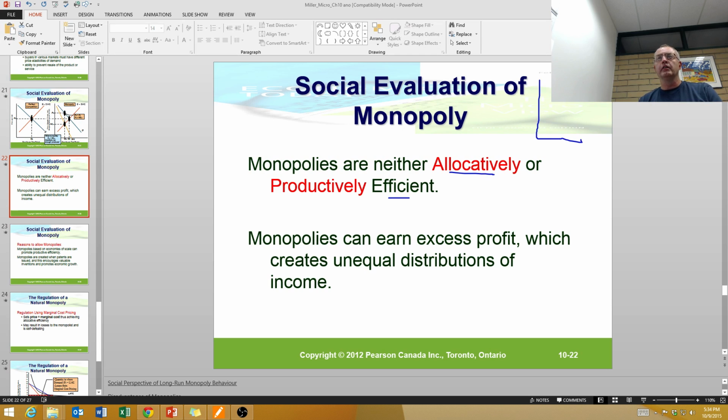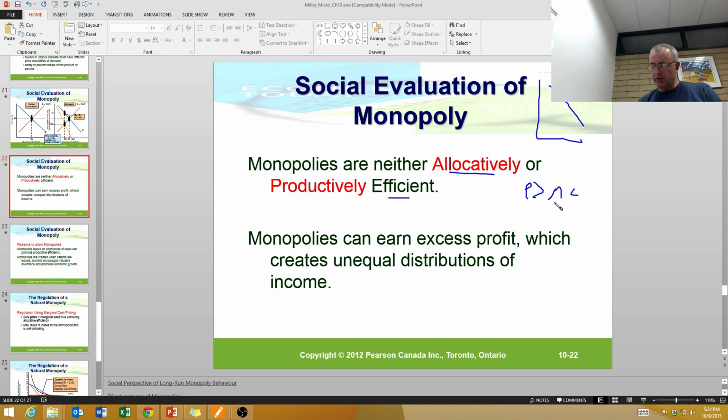On the demand curve, the price that consumers pay represents the marginal benefit that they derive from the product. And in monopoly, price exceeds marginal cost.